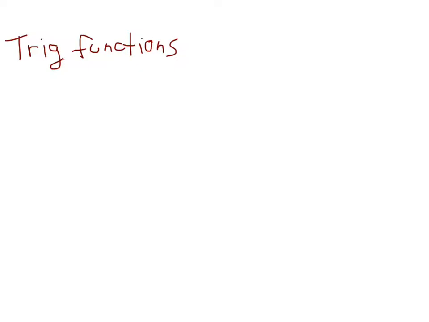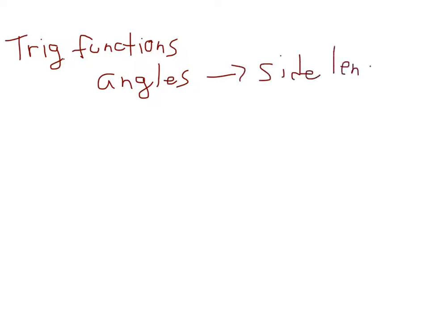The trig functions relate the angles of a right triangle to its side lengths. Specifically, two particular side lengths for each of the trig functions. There are 3 trig functions. So what we want to know is, how are the side lengths affected by the angles that we're going to have in our right triangle?